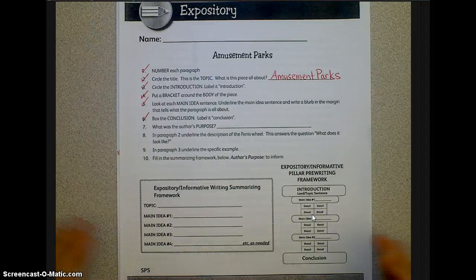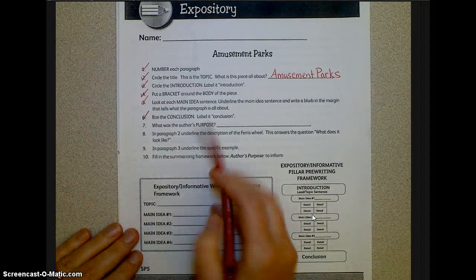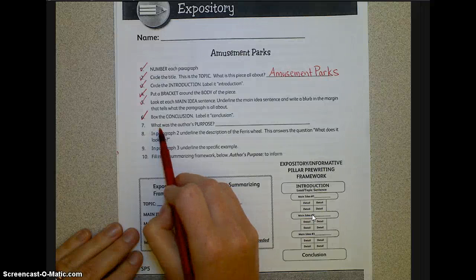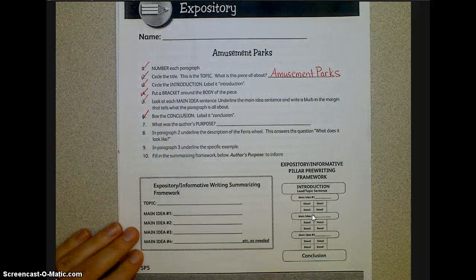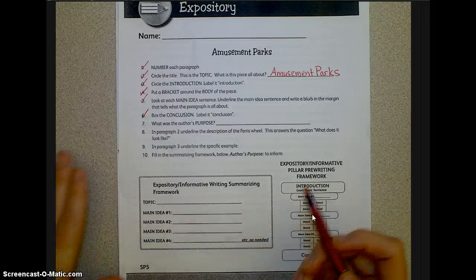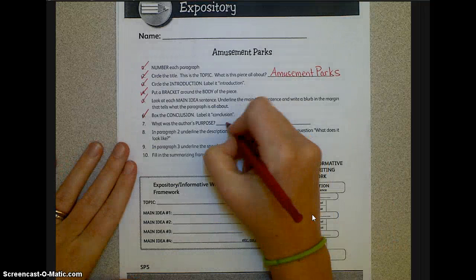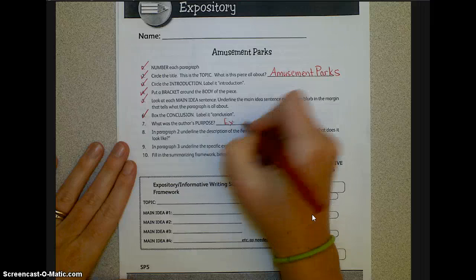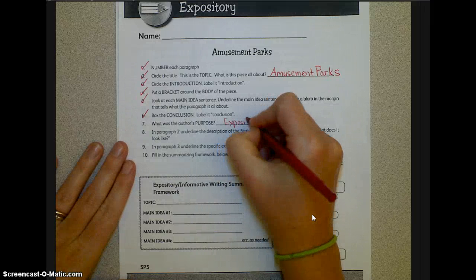All right. So now, after looking at all of that, I have to think about what is the author's purpose. There are no characters talking or having an adventure. And I also really don't feel like anyone is trying to give me their opinion. So this is definitely going to be an expository text.